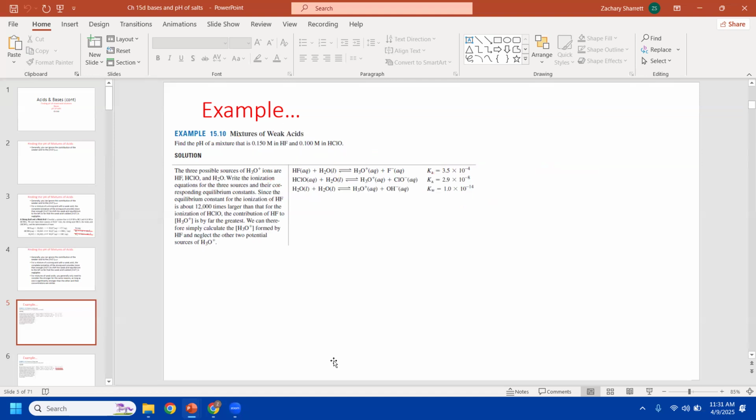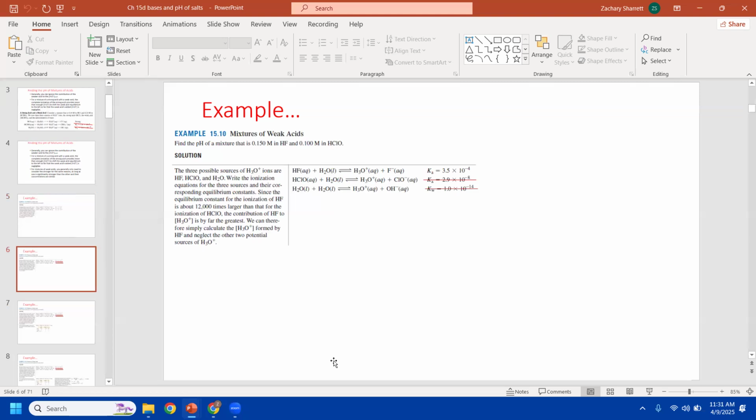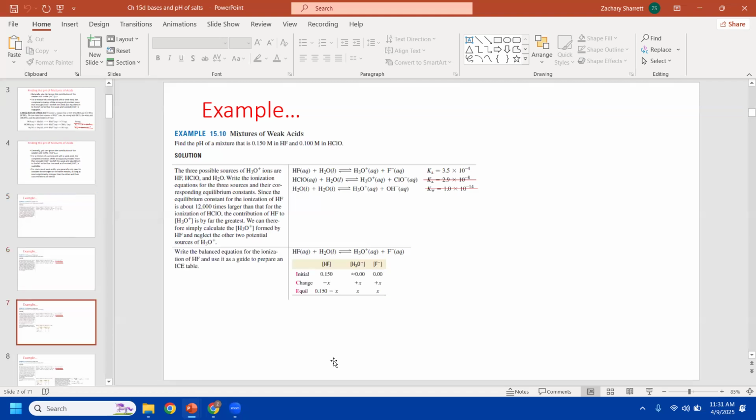So now to solve for this mixture of weak acids, all we're going to do is solve for the H plus concentration that the HF generates, and assume that the small amount that the other acid adds is pretty much meaningless.